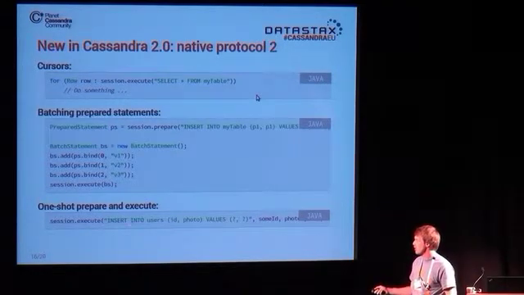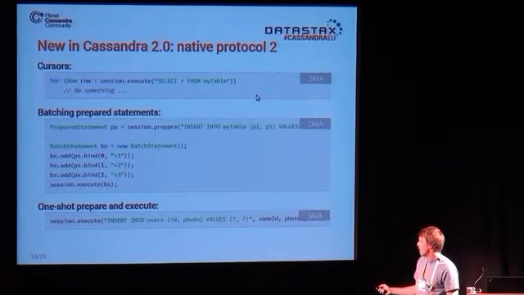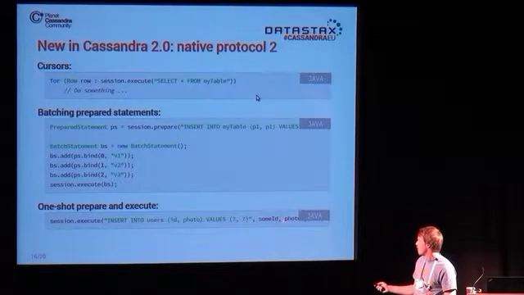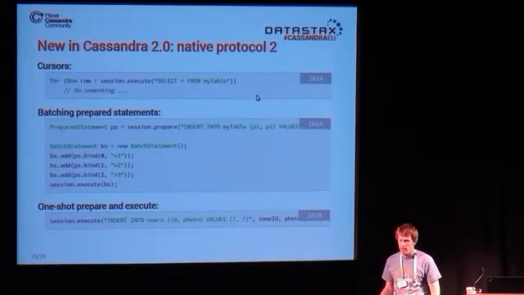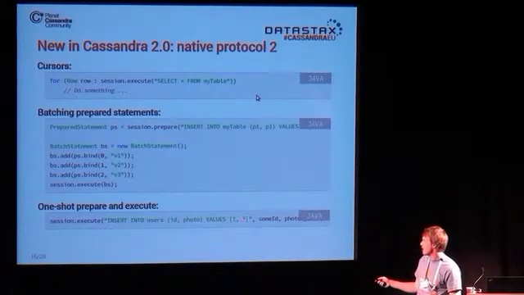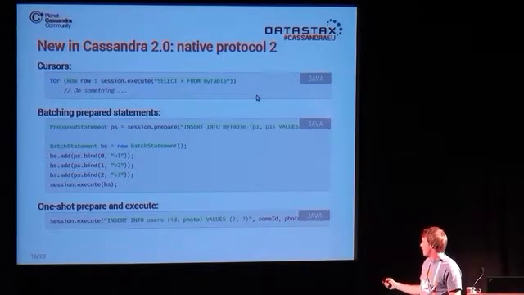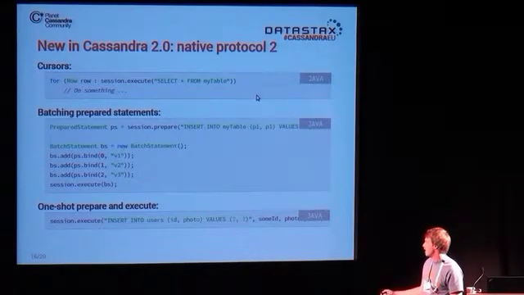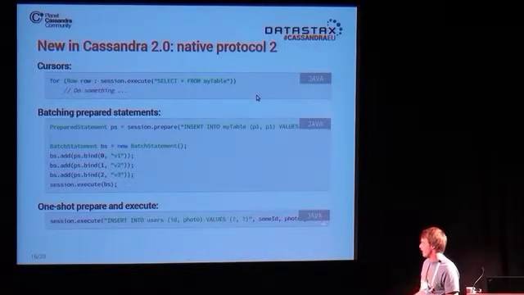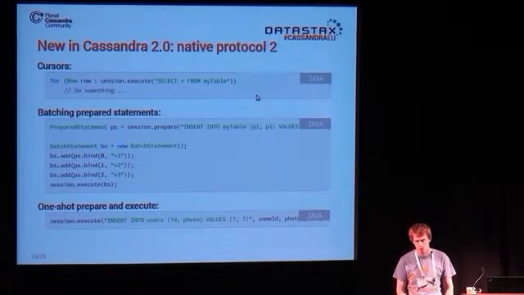But you still don't want to serialize everything to a string, because maybe here that's supposed to say photo bytes, so maybe you have a blob that you want to insert. And if you serialize the blob into a string, that's inefficient. You will use hex encoding, and that's inefficient. So the idea here is you can now send directly both the query with variables and the values, and you do only one round trip.